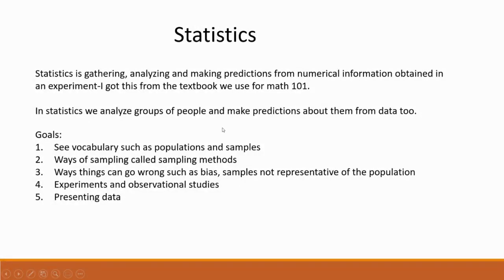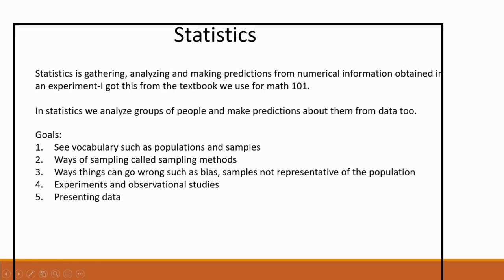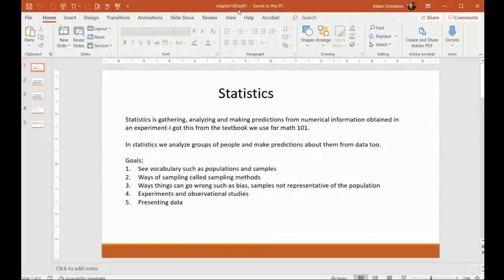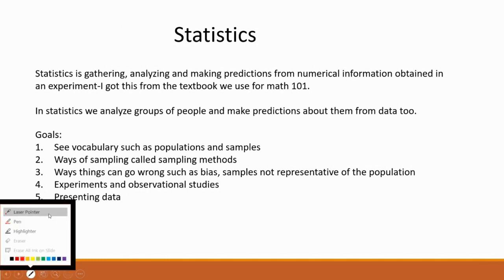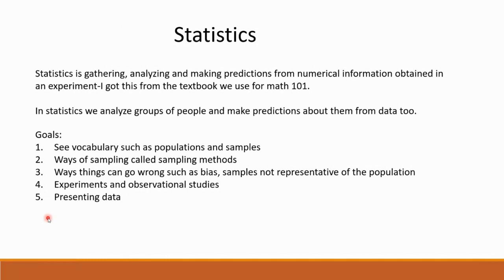So basically in this chapter, chapter 10, we're looking at statistics, kind of getting an introduction to it. What happens in statistics is basically you get to gather information, like data, from groups of people, analyzing the data, making predictions.